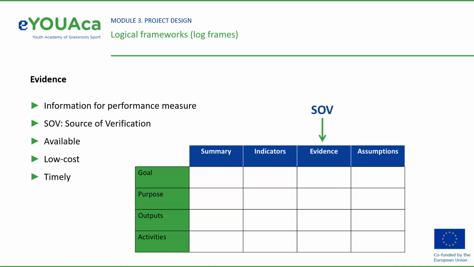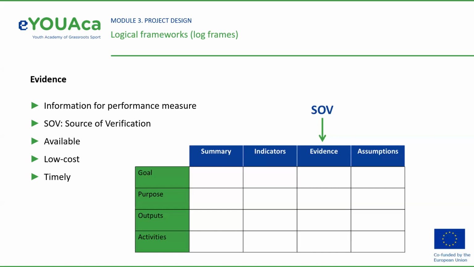When appropriate evidence for each indicator has been identified, consider whether it is available. If we want to use secondary data, will we be able to gain permission to access it? Will it be reliable? Consider whether it is low cost. Will the information be too expensive to collect?